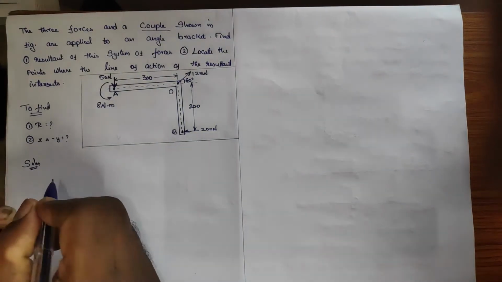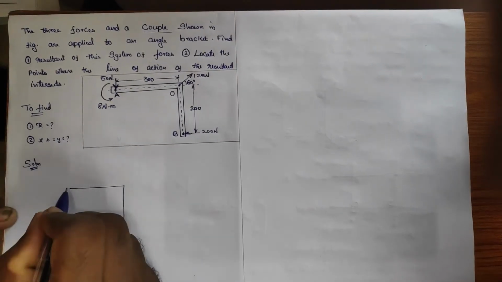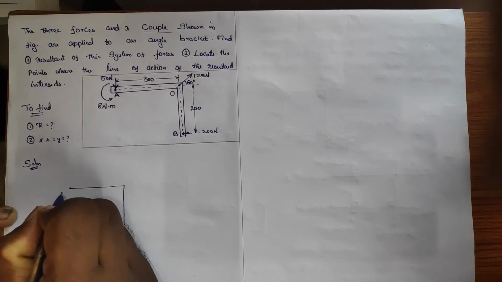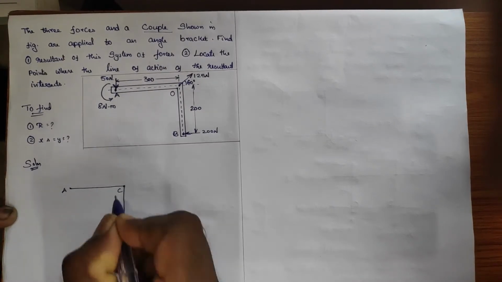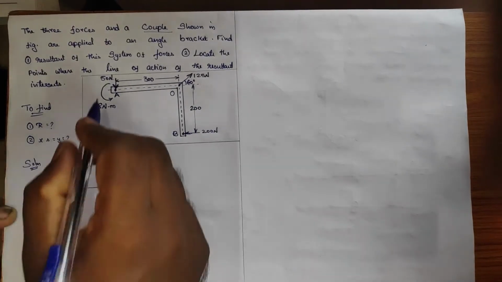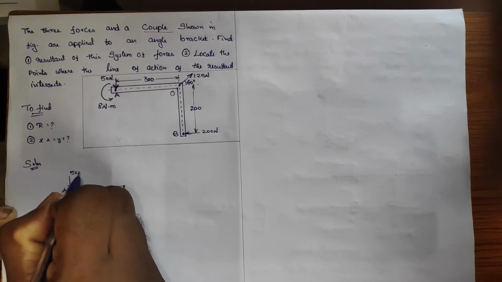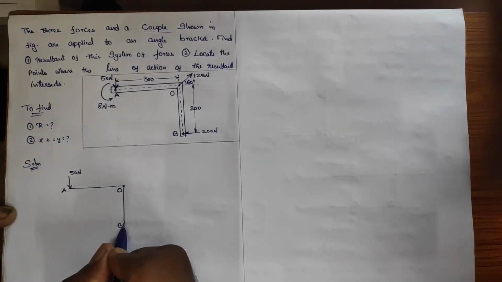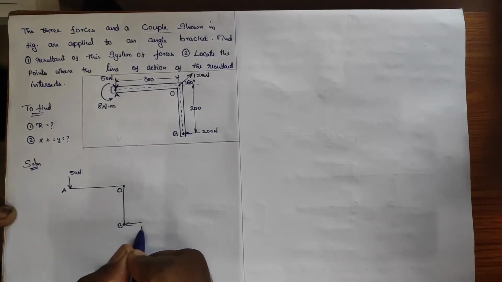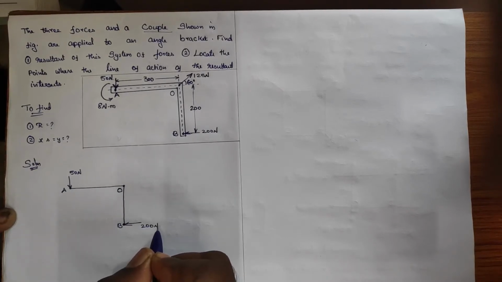Okay, right. So in order to show the force, I'm just going to show the angle in such a way. This is the O point and B. The point which has 50 Newton, no worry, we can directly take this as 50 Newton, and here which is 200 Newton, we can directly take it as 200 Newton.